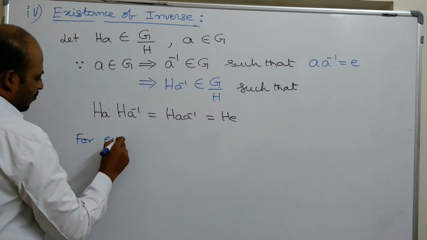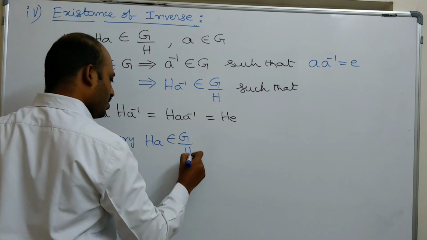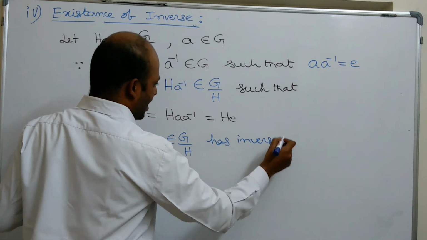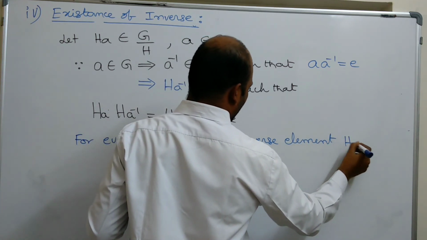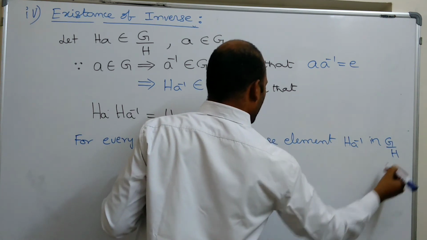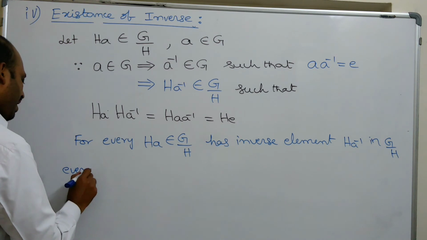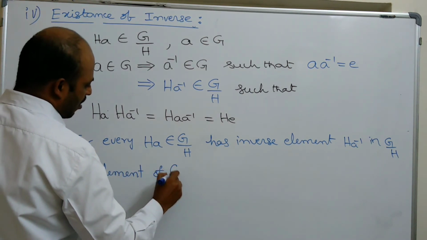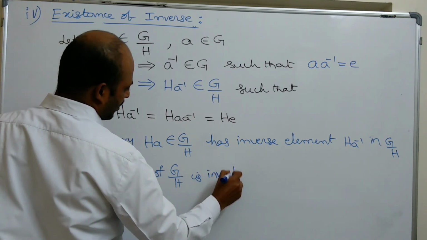Therefore, for every Ha belongs to G by H there is an inverse element Ha inverse in G by H. It means every element of G by H is invertible.